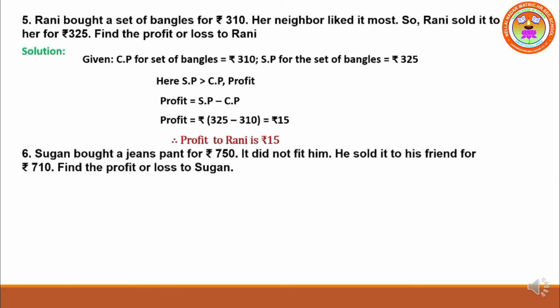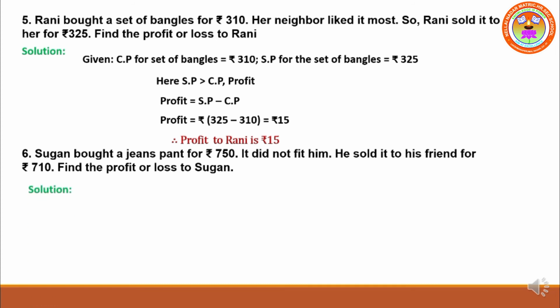Next question. Sixth one. Sugan bought a jeans pant for rupees 750. It did not fit him. He sold it to his friend for rupees 710. Find the profit or loss to Sugan. So this is the question. Now let us move on to the solution.